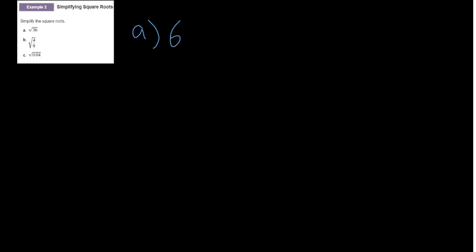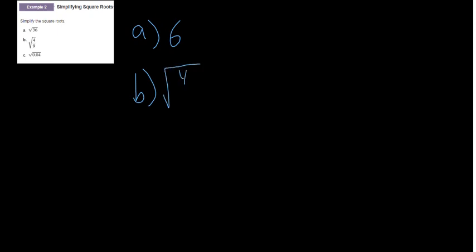And B is going to be a good one. So if you've forgotten how to, I don't think it was actually in the reviews. So if we have the square root of 4/9, I'm going to go ahead and rewrite all that.